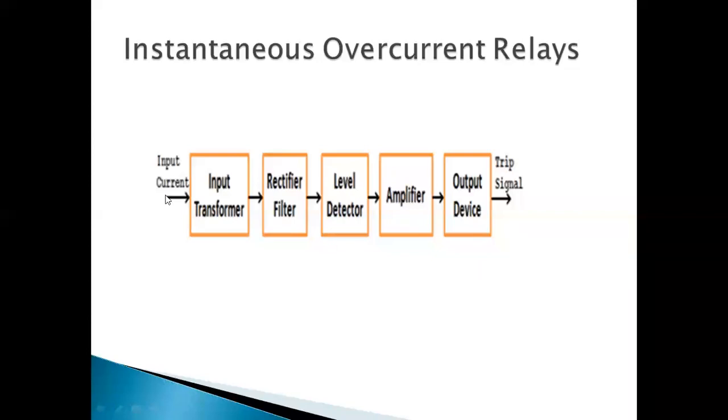Now this is the static overcurrent relay. This is the block diagram of the static instantaneous overcurrent relay. First, the input current is given to the input transformer. This input current is nothing but the current taken from the CTs or PTs.